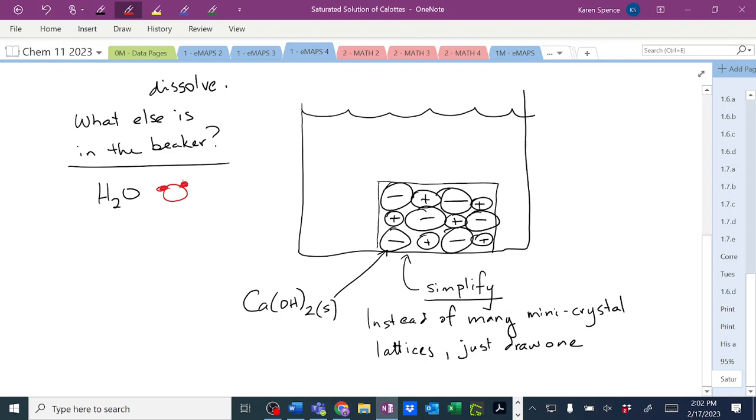But our diagram is going to get way too complicated if we draw Mickey Mouse everywhere, yes? And in fact, it will still be too complicated even if we simplify our water down to just a little particle that looks like that. It would be a sea of red, yes? Because this entire thing is made of water molecules.